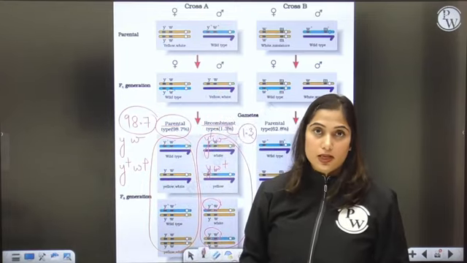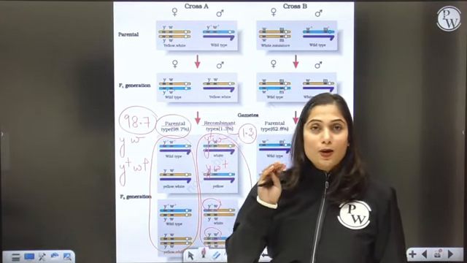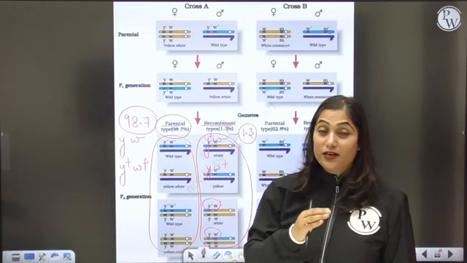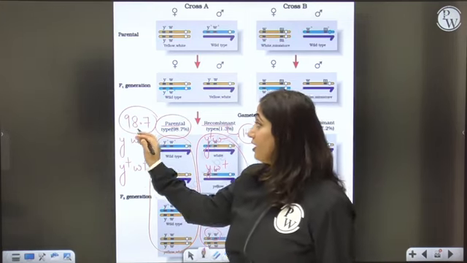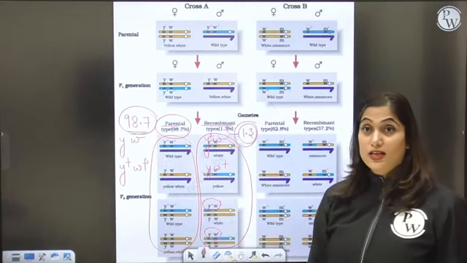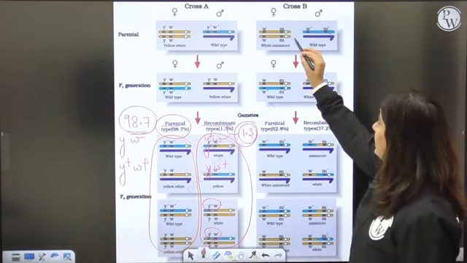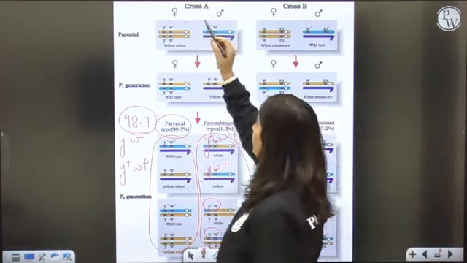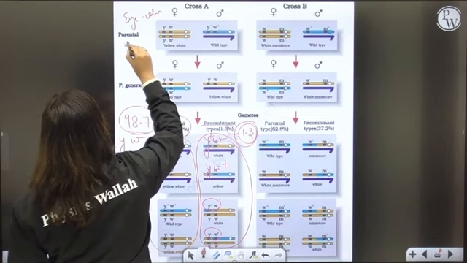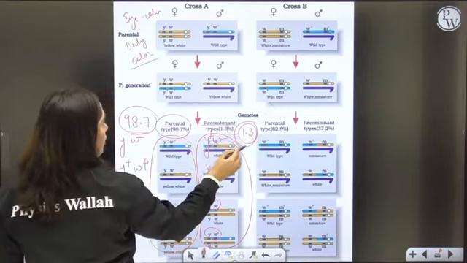100% are parental types. But if there is incomplete linkage, then recombinants are less than 50% and parental are more than 50%. Here the parental are 98.7% and the recombinants are 1.3%. That means there is incomplete linkage. And when he took the eye color gene and body color gene, then the recombinants were 1.3%.